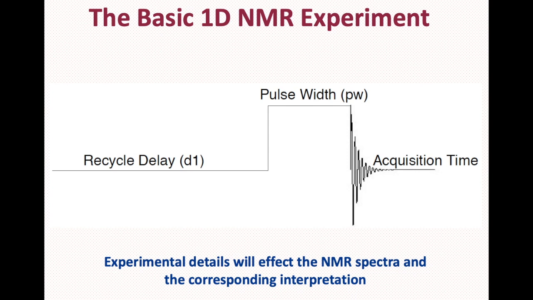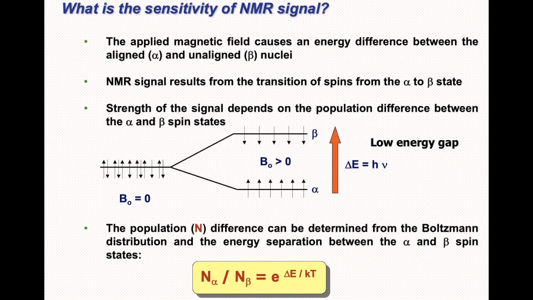an unknown compound. Before I conclude my discussion on the basic theory of NMR, I'd like to ask a question. What is the sensitivity of the NMR signal? This is a very fundamental and very relevant question one has to address. This is not only applicable to NMR spectroscopy, but also to other spectroscopic techniques as well, because sensitivity is related to the amount of sample consumed for a given analysis.